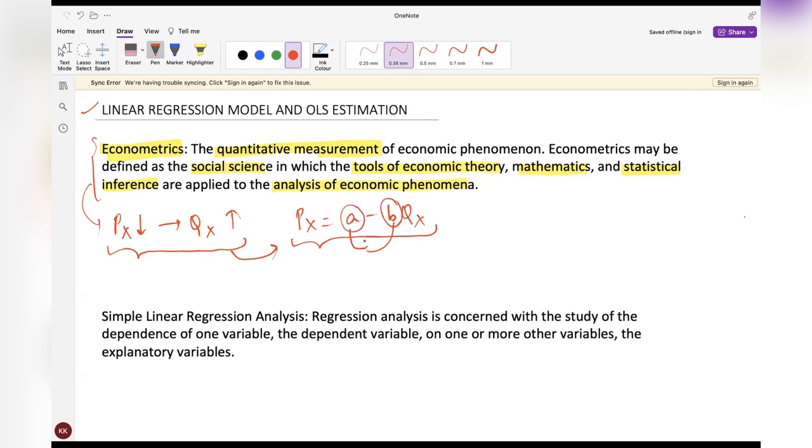and B, right? And one of the most important uses of econometrics is that it helps us to empirically testify our economic theories. What does this mean? I am saying that there is an inverse relationship between price and quantity demanded. But how will I prove that?